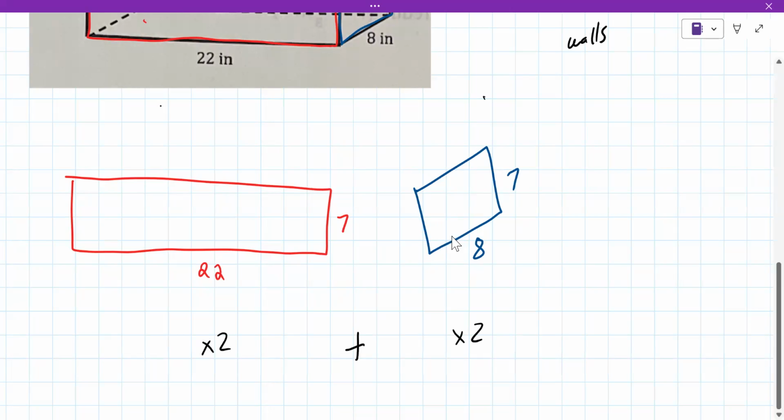We can do that one first. That's 56. And then because you have to multiply it by 2, what's 56 times 2? That's 112.